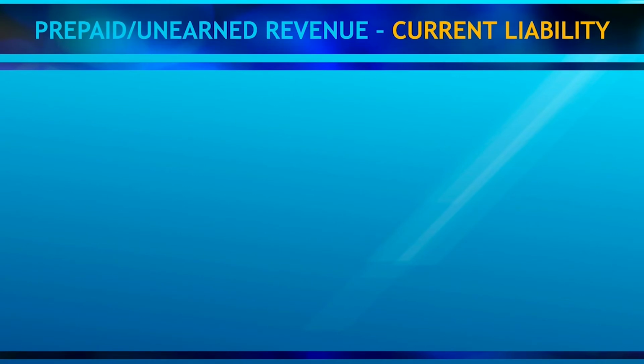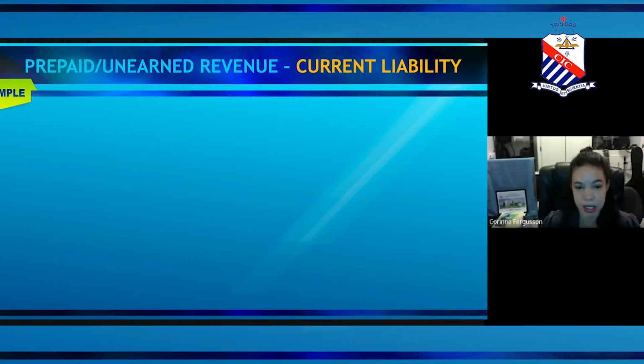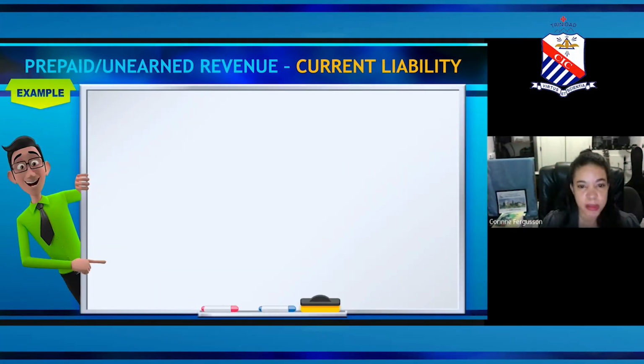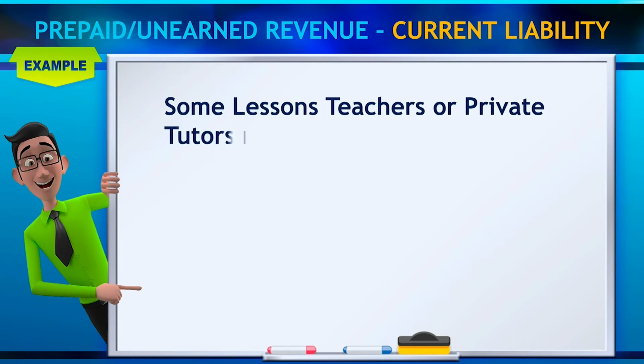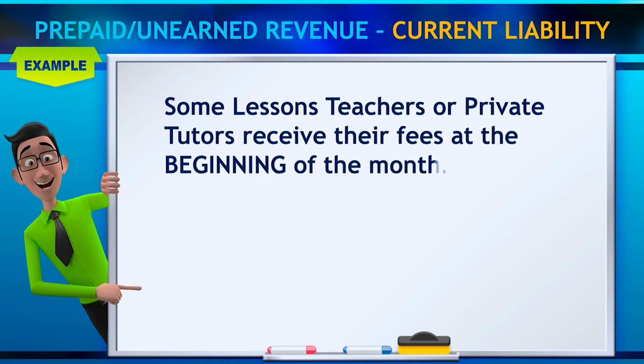Now we're going to go on to the prepaid revenue, which is also known as unearned revenue, and that is a current liability. So we're going to put a different person. He represents a lessons teacher, but specifically he's a lessons teacher that receives their fees at the beginning of the month.